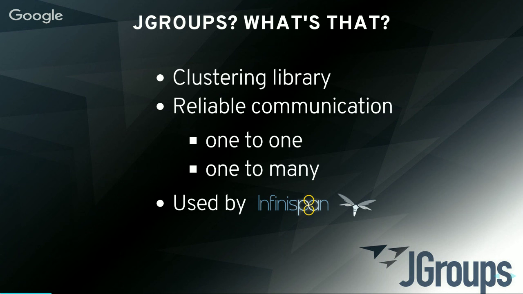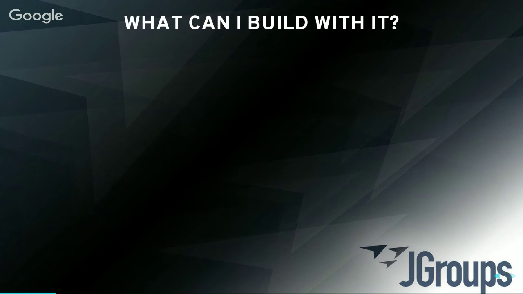This library is also used by several JBoss projects, like Infinispan or WildFly, and of course the products, so EAP and JBoss Data Grid. The library gives you a lot of different types of notifications. So, for example, you know when a node leaves the cluster, or you can learn when it joins the cluster. So it's very useful.